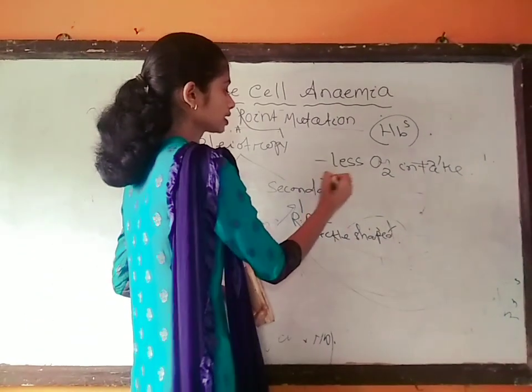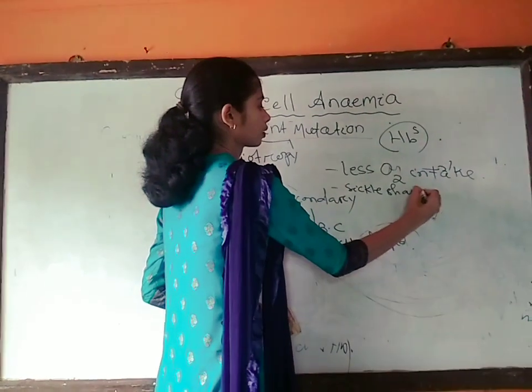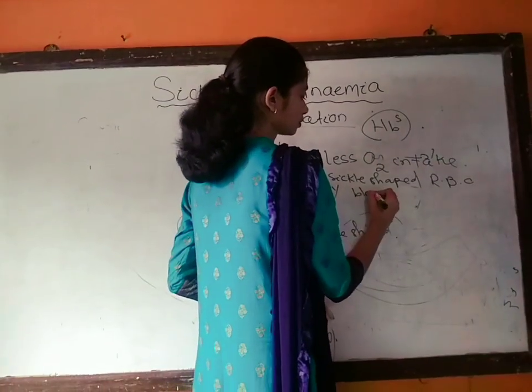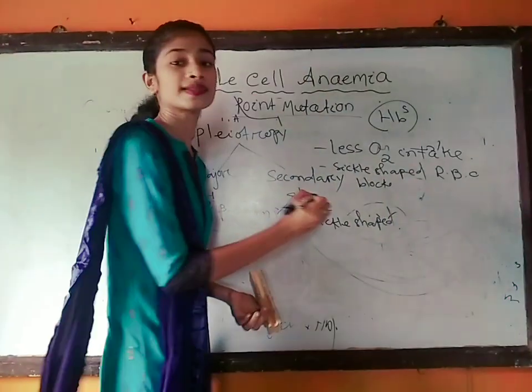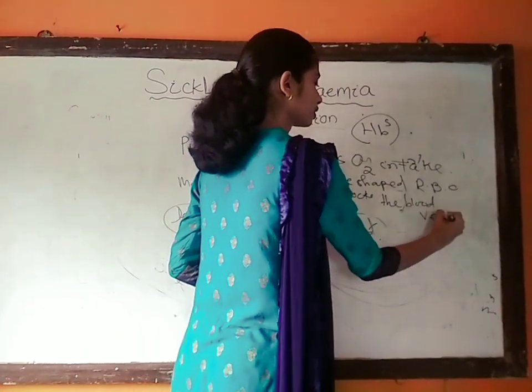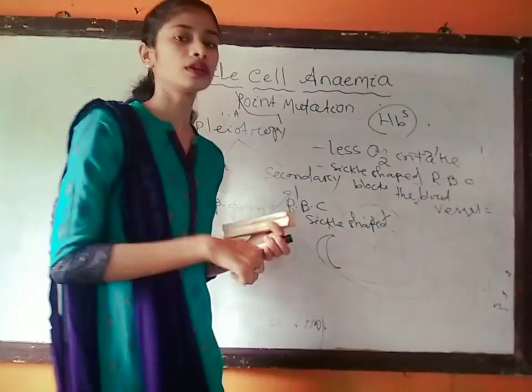Second, this sickle shaped RBC blocks the blood vessels. Because of this sickle shape, they block the blood vessels.